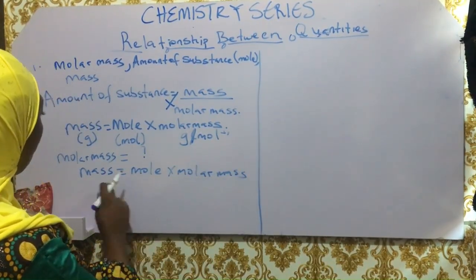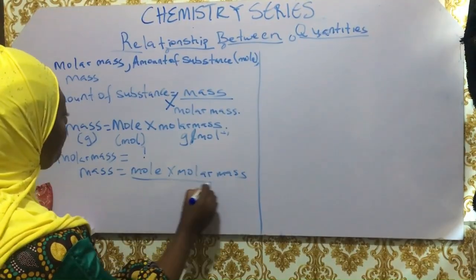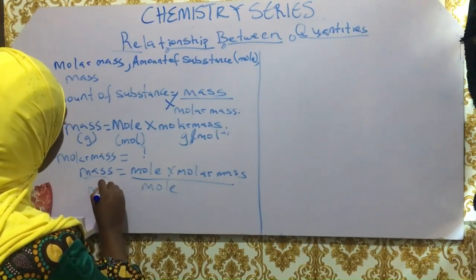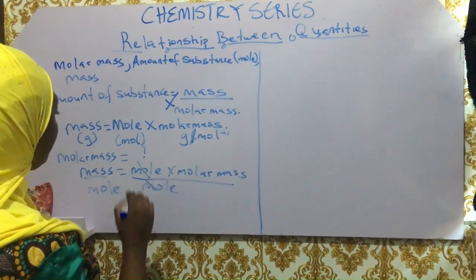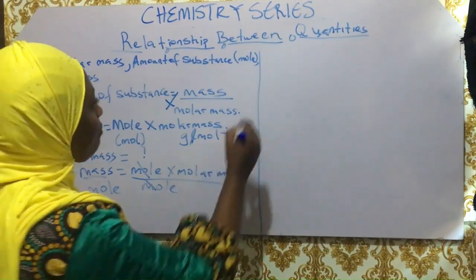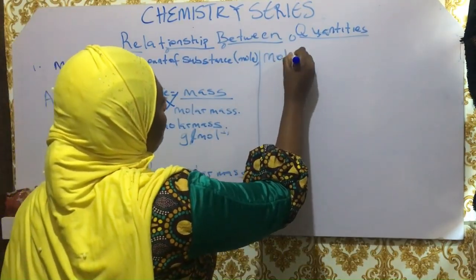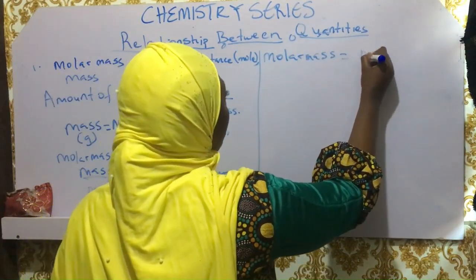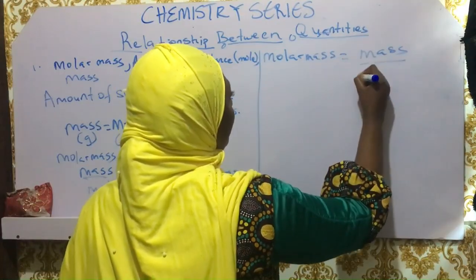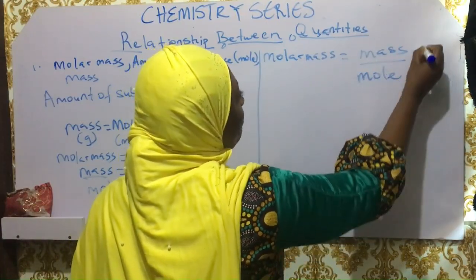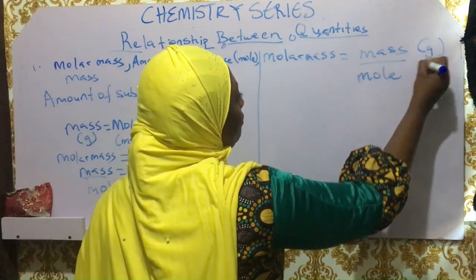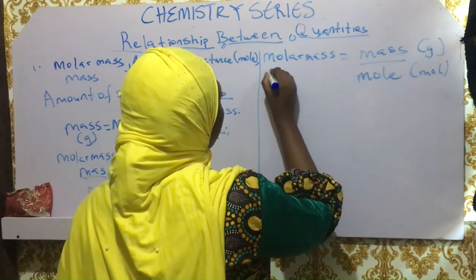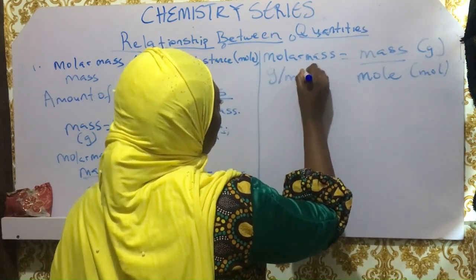To get the molar mass, we divide both sides by the mole. When you divide both sides by the mole, you have molar mass equal to mass divided by mole. Remember we said mass is measured in gram and mole is measured in mole. So the unit of molar mass is gram per mole.